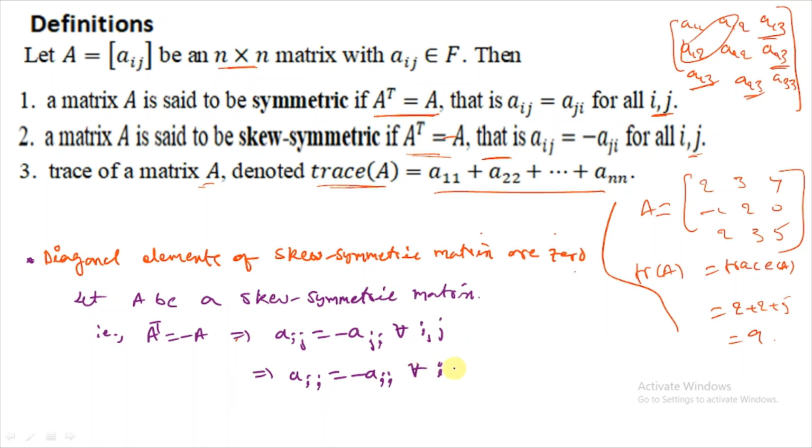That means i is equal to j, only diagonal elements. This means 2 Aii is equal to 0. 2 is a non-zero element, that means Aii is equal to 0 for all i. That means A11, A22 all are 0. That is, the diagonal elements are 0.